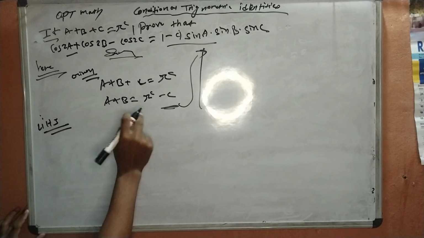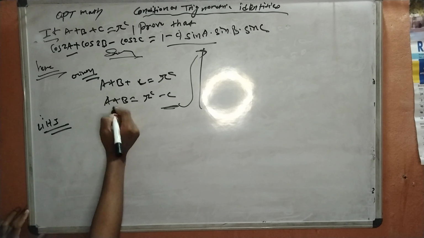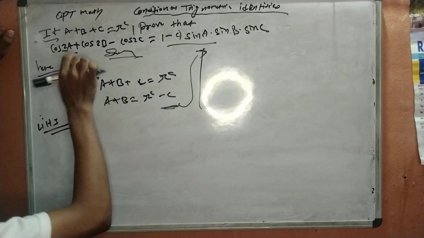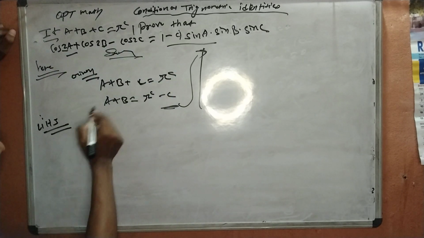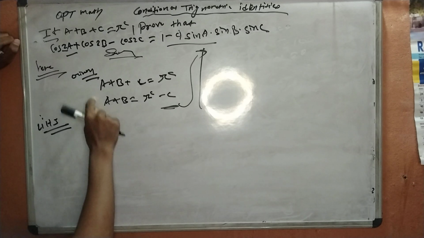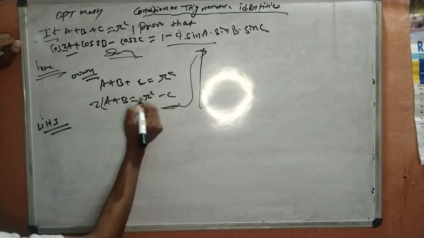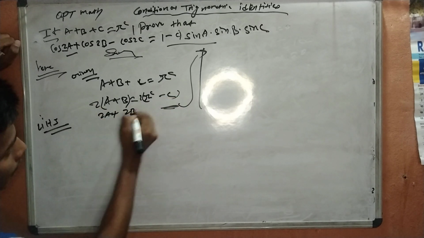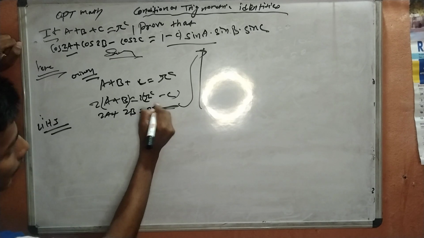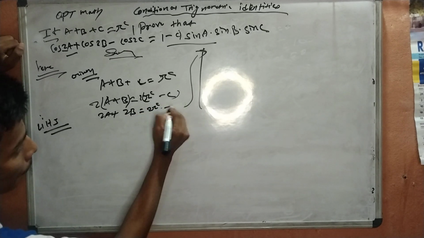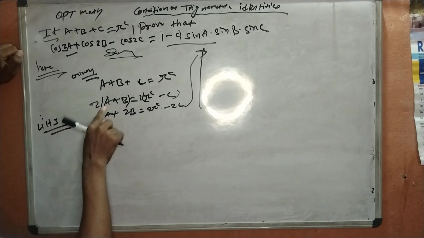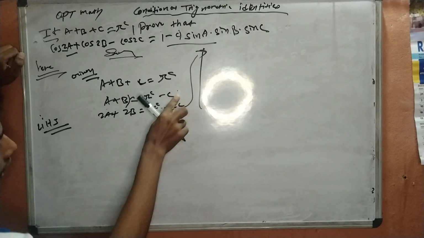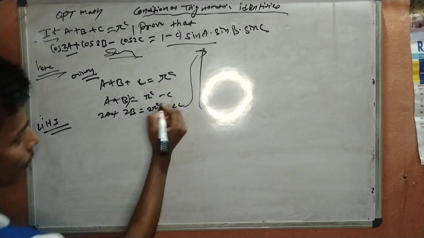Here you have to multiply by 2 on both sides, so it will be 2A plus 2B equals 2 pi radian minus 2C. For understanding I wrote this here, and now I will erase it.